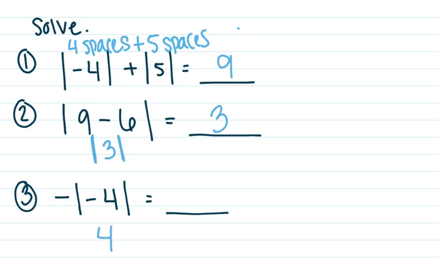So I took care of those absolute value bars and solved the question. However, we have this little negative out here, and he's hanging around kind of like a magnet, ready to stick to whatever comes out of our absolute value answer. And so that little negative is going to stick to our 4 and make our final answer a -4.